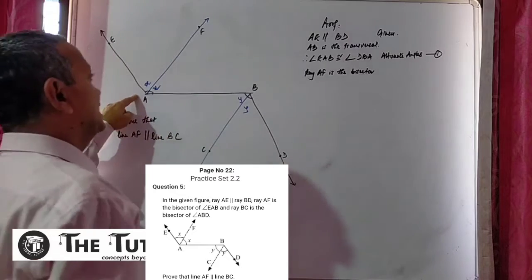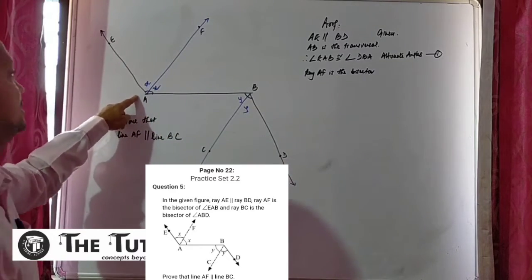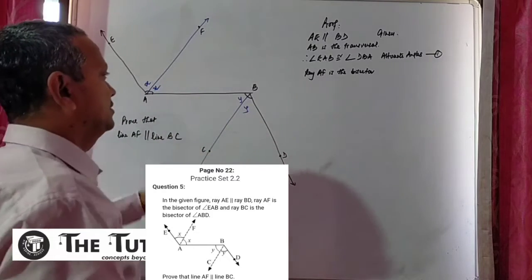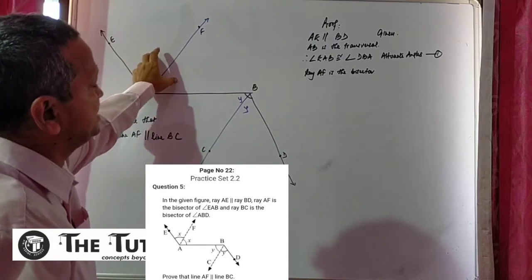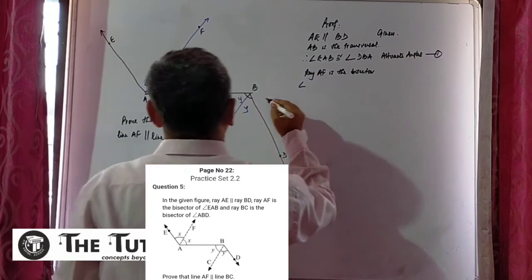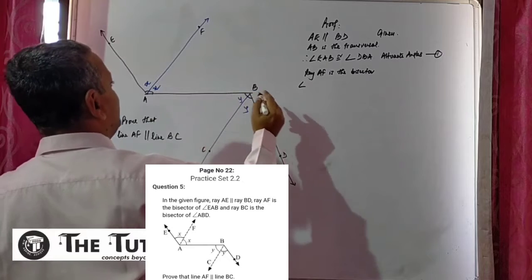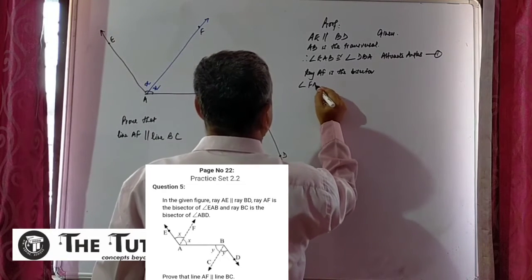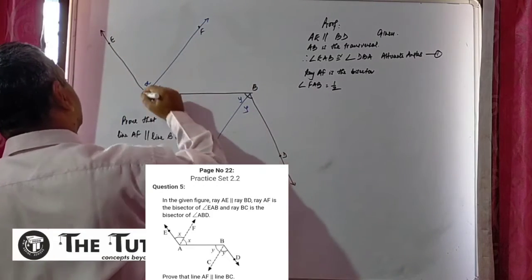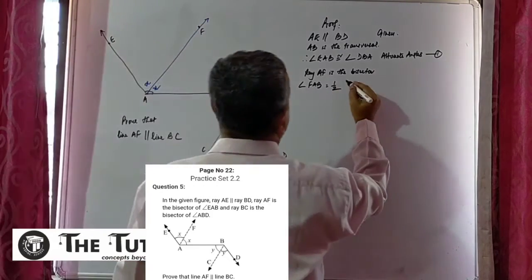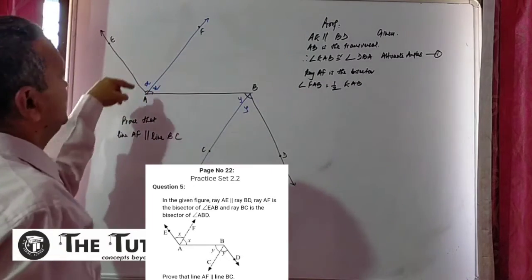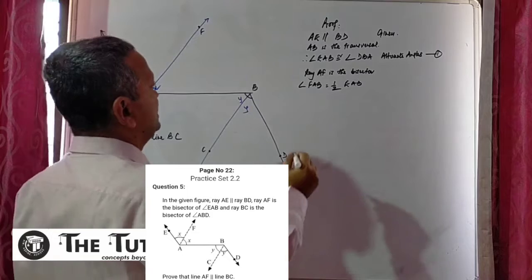Bisector means it is distributing into two equal angles, two equal angle measures are coming. Therefore angle FAB is equal to half of angle EAB.